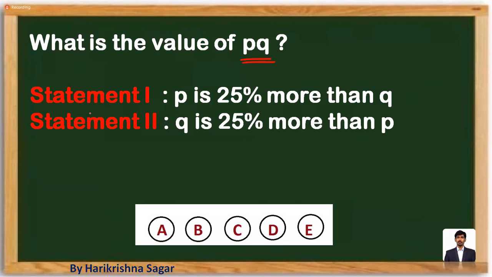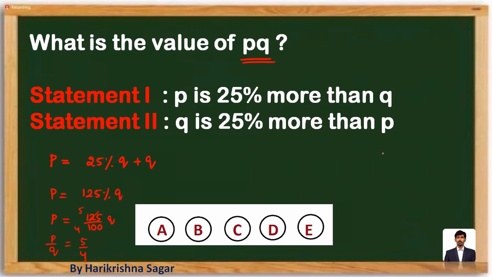In order to get PQ, what is statement one? Statement one says P is 25 percentage more than Q. So P is 25 percentage of Q plus Q, which means P is equal to 125 percentage of Q. That means P is equal to 125 by 100 into Q, so P by Q is equal to 5 by 4 in this data.